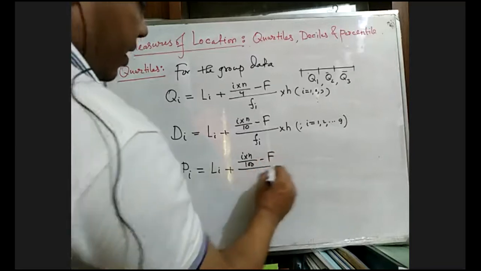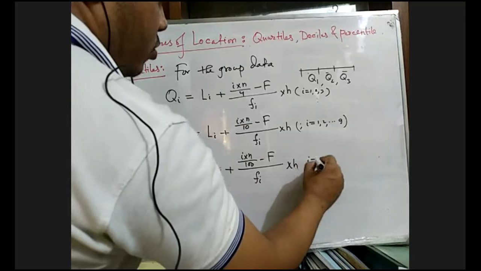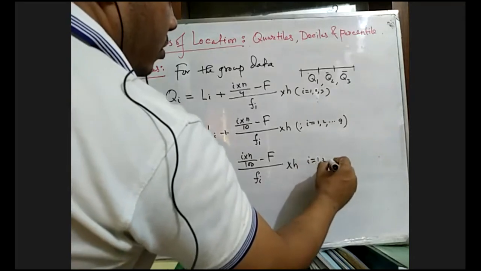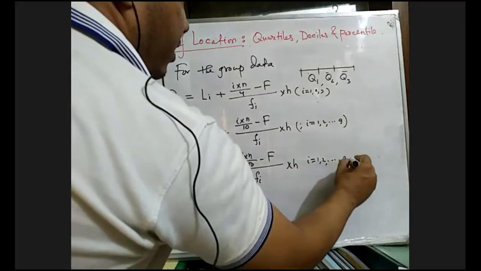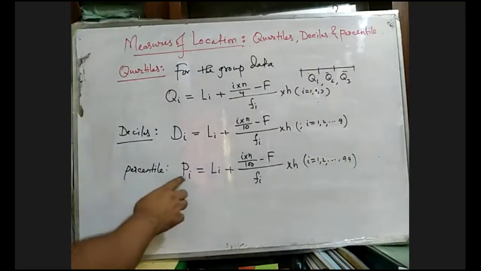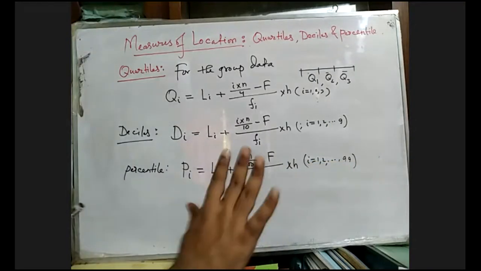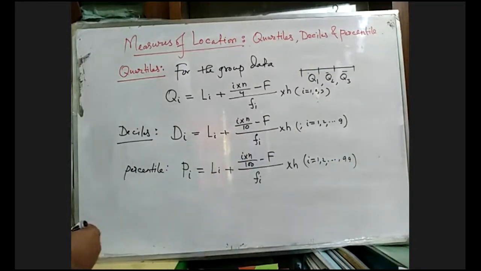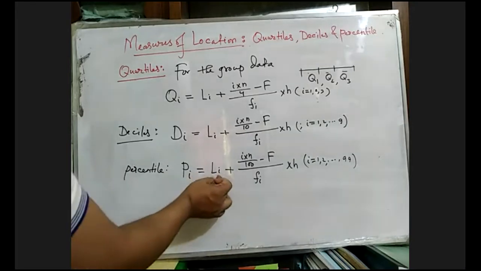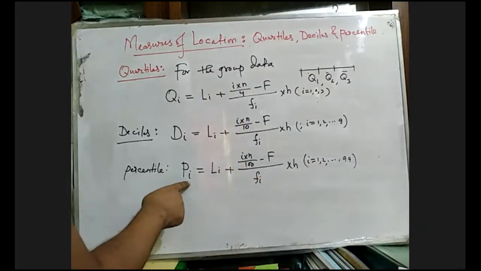For percentile, all are the same, multiplied by h. i equals 1, 2 up to 99. So we can find P1, P2, P3 up to P99. But P100 doesn't exist. And Li means the lower limit of that class in which Pi exists.